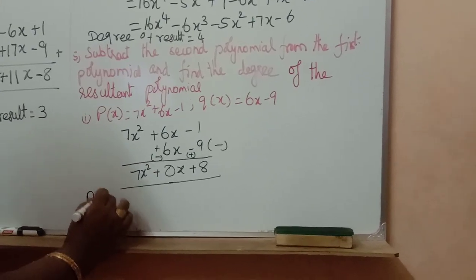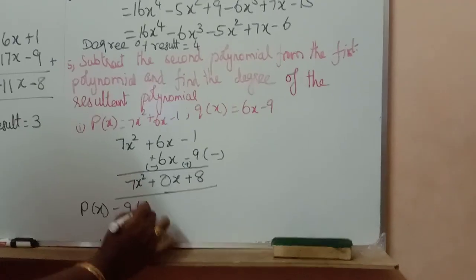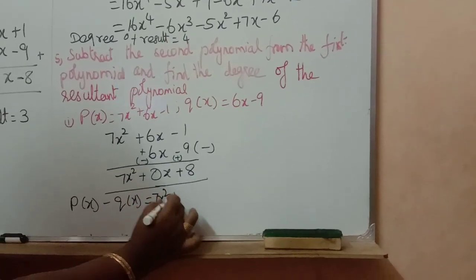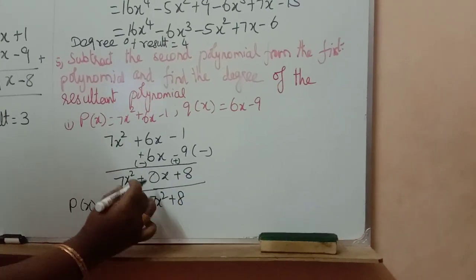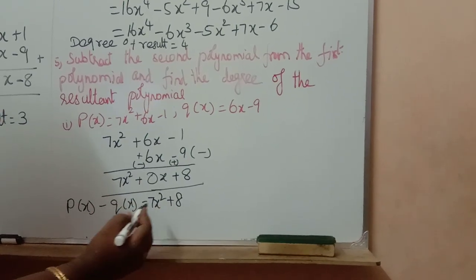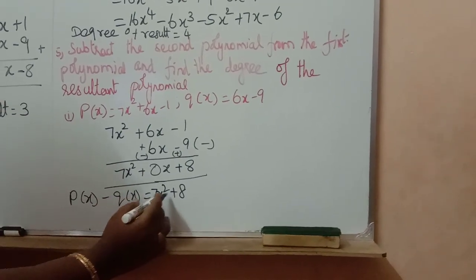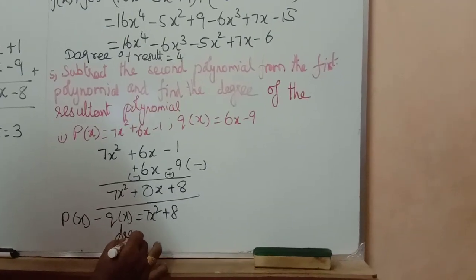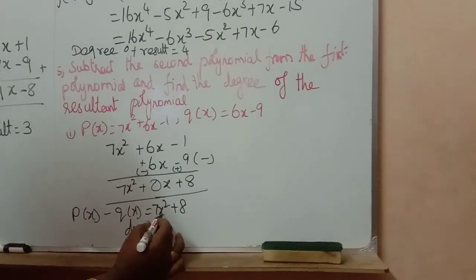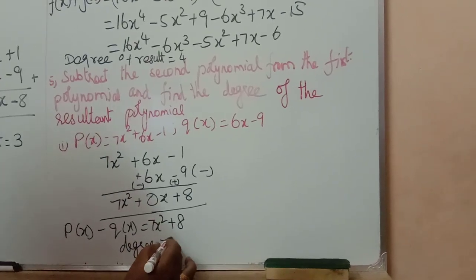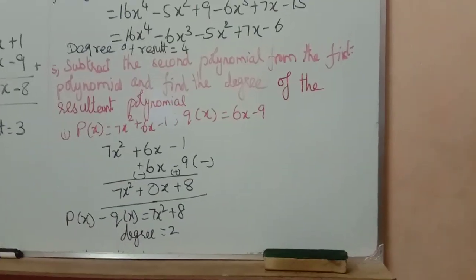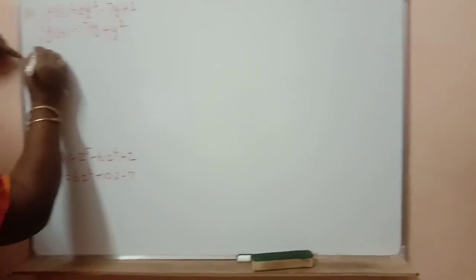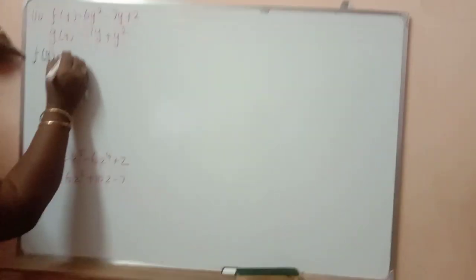So p of x minus q of x is equal to 7x square plus 8. 0x is the x term, the coefficient of x is 0, so it is not needed to write 0x. If you want, you can write it, that is also correct. Then the degree of this result is the greatest power of variable x, so degree 2.